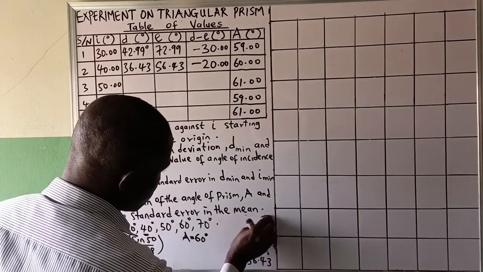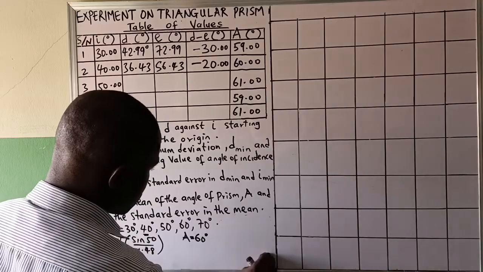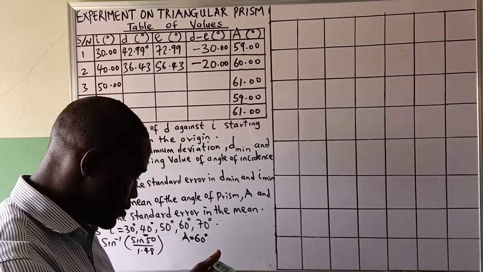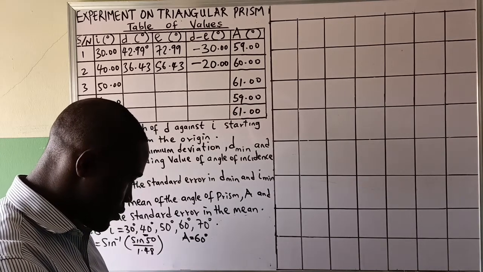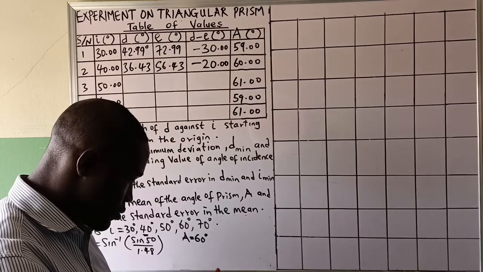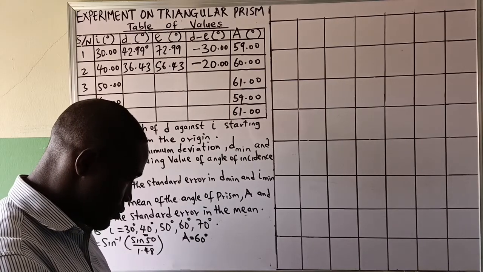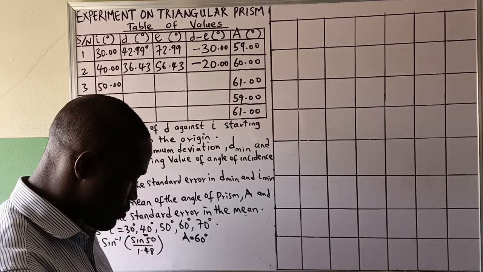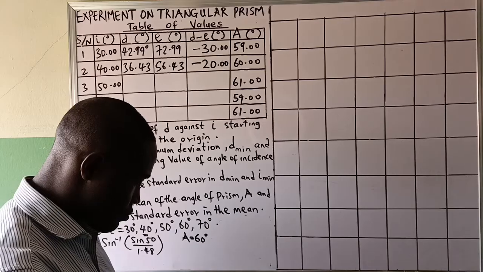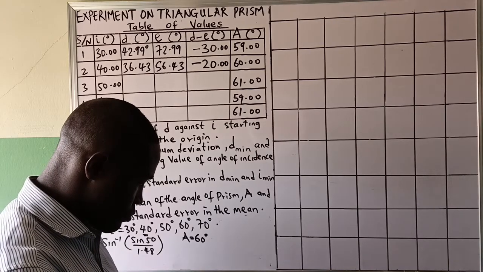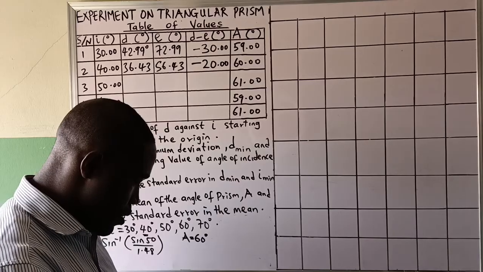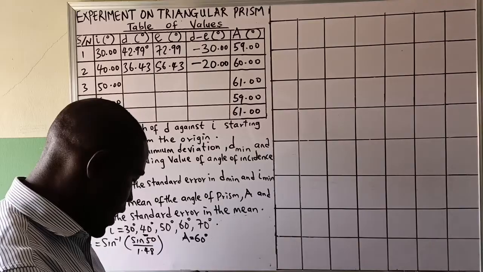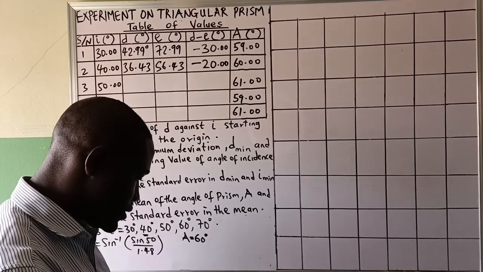That will be giving us, you press it in your calculator, shift sine bracket sine 50 divided by 1.48.